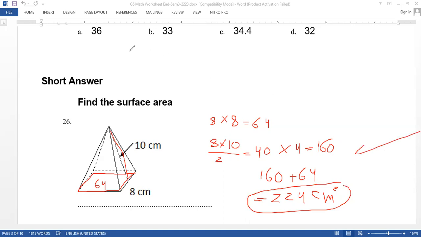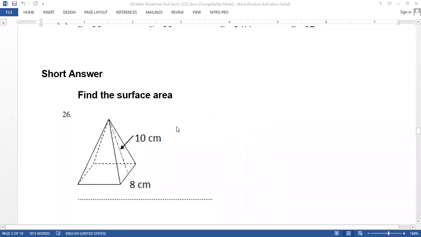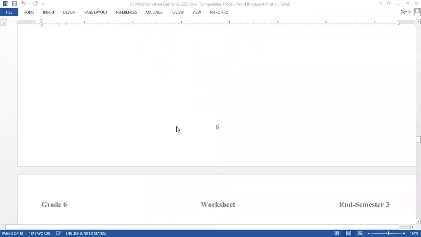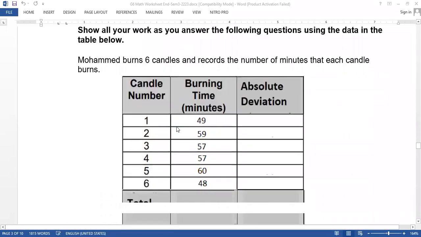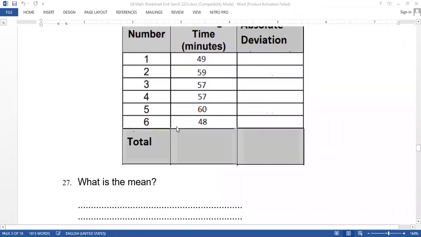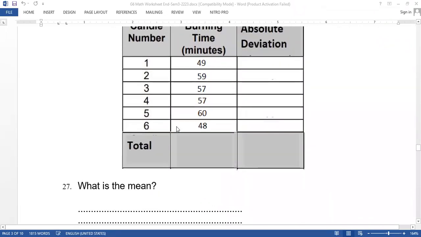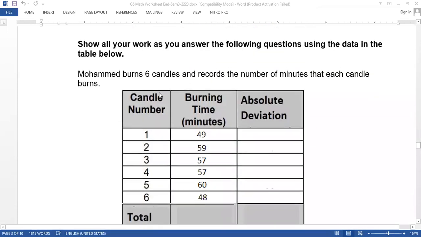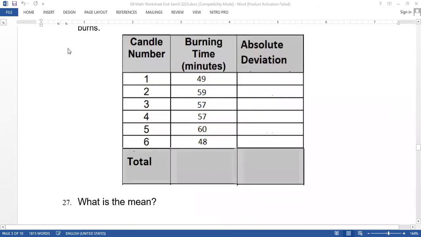Now in the next question, again you need to find the mean. What is the mean? It's very important.